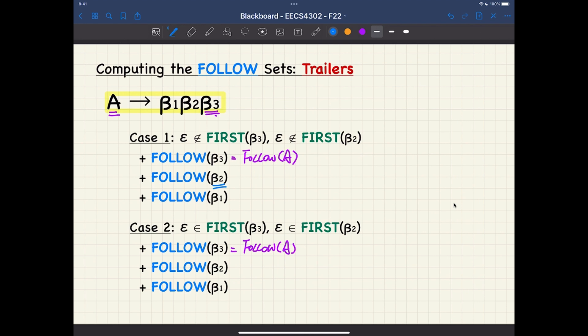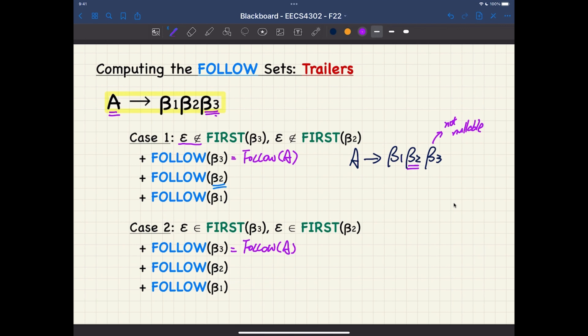Here we say that, let me just rewrite this rule. So here we talk about A produces beta 1, beta 2, and beta 3. And we are making the assumption that beta 3 is not nullable. Okay? So what we should do is, what can really follow beta 2?